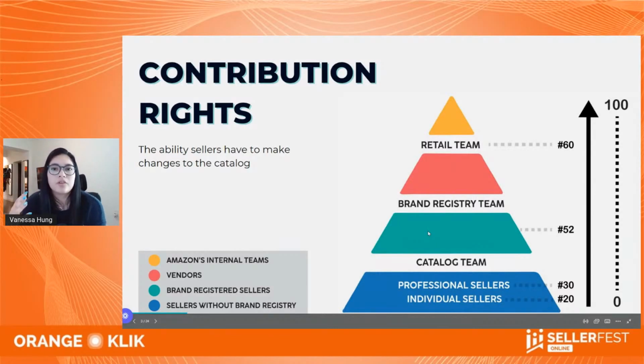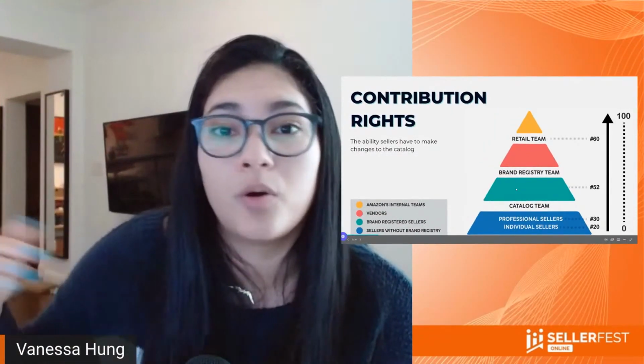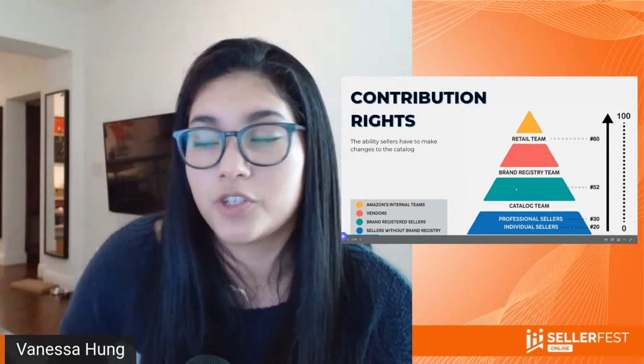You own and you're able to change your listing, but sometimes there are hijackers, and you have probably heard some horror stories about people hijacking other listings and so on. That is something that is possible to happen, but with brand registry, the most amount of attributes are locked just by having it.